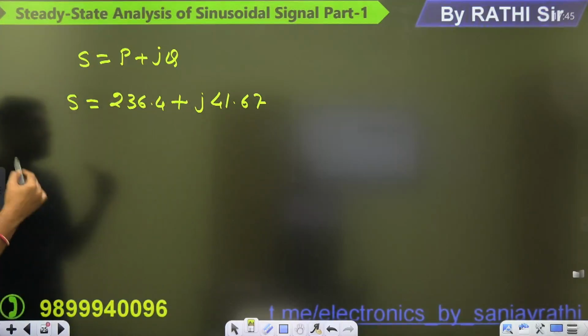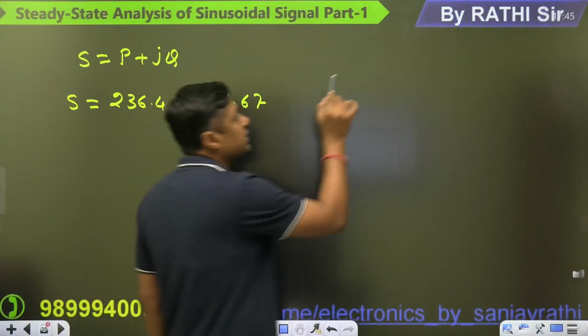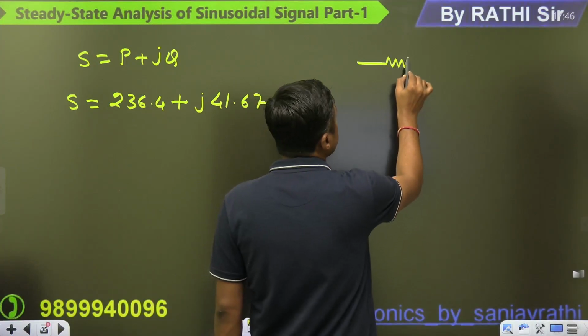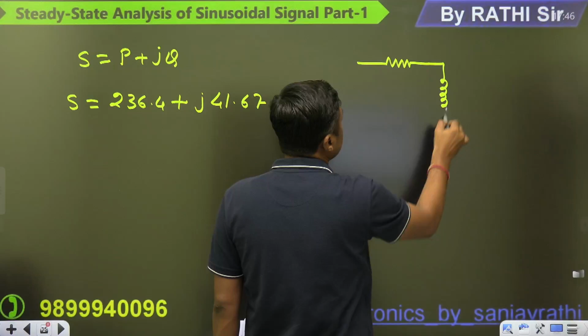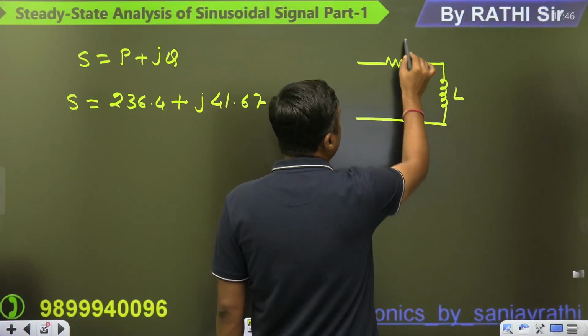Now you have said it is an RL circuit, an inductive circuit. Can we find the values of L and R?